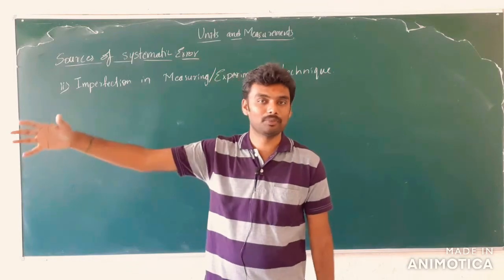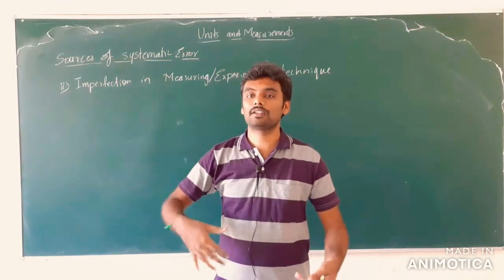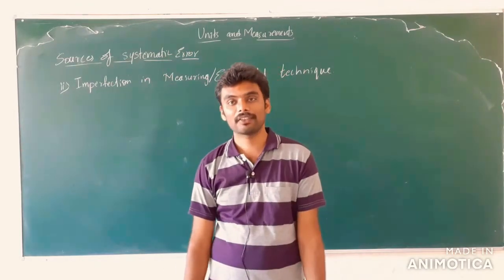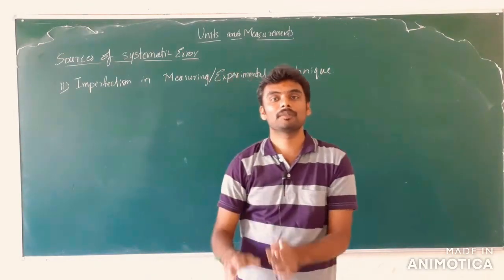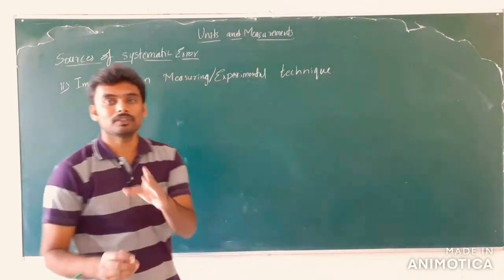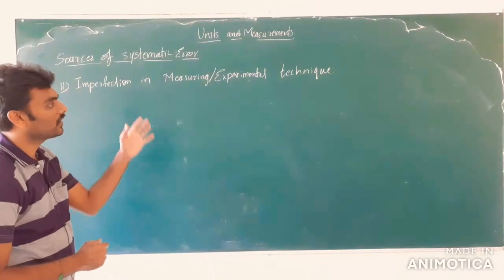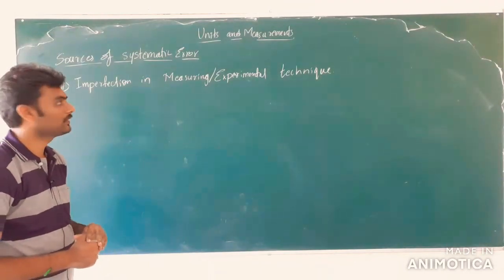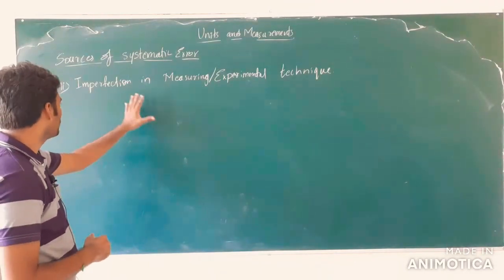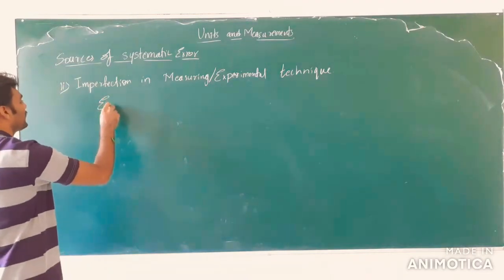Because when you take a support, part of your weight is going onto the support and only a part is going onto the scale. So you will not get the perfect reading, which means you will get the error. So that is about imperfection in measuring or experimental technique. This itself is the error, no need of any explanation, but I can give you an example for this.